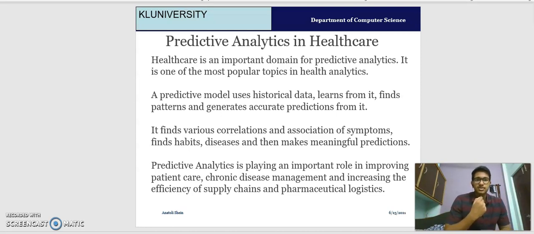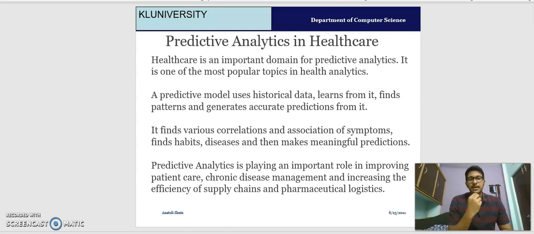We are teaching the machine to learn from the historical data, and the machine itself, with the help of some algorithms, finds patterns and generates accurate predictions from it. It finds various correlations and associations of symptoms, habits, and diseases, and then makes meaningful predictions.